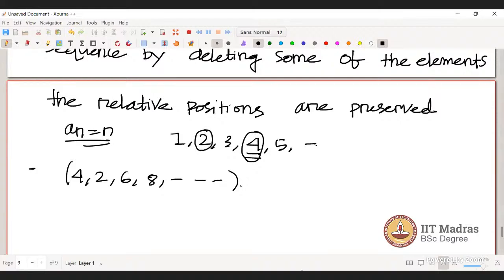But in this sequence, I'm writing 4 before 2. So basically, I'm not preserving the position of the elements of the original sequence. So that's why this cannot be a subsequence. Clear? Yes, sir. So okay, what about option 3?